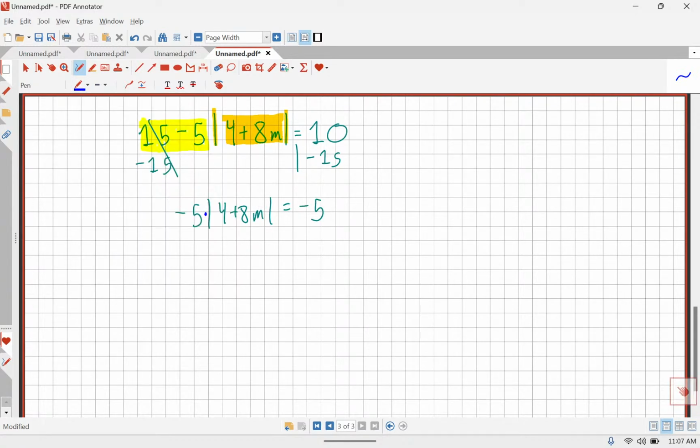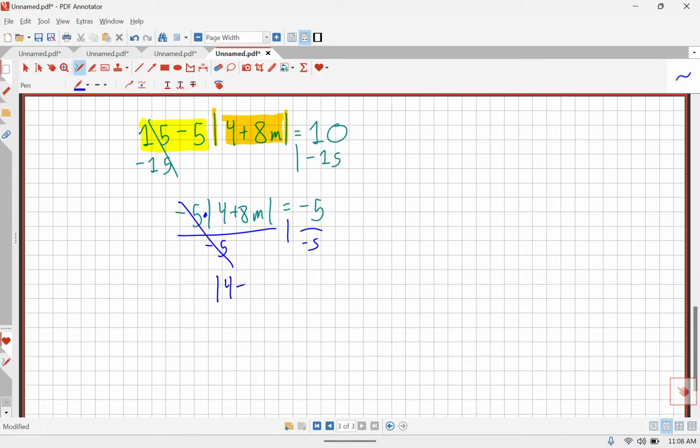Now, there is a secret multiplication here. Let's see what happens. What would I do to get rid of that negative 5? Remember, it's negative 5 times all these absolute values. Yeah, we're going to divide both sides by negative 5.